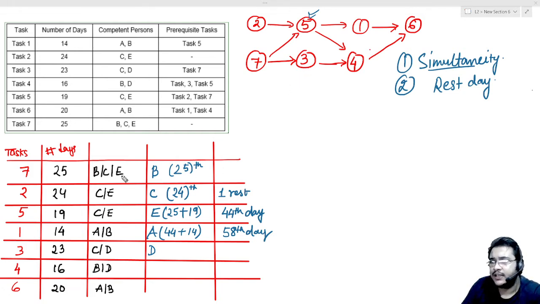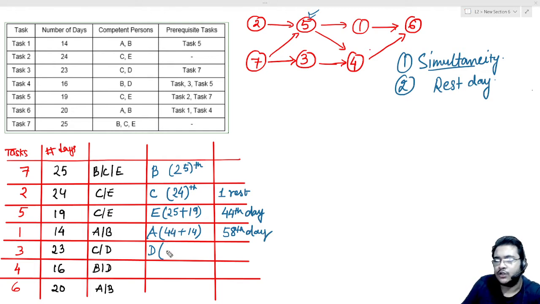The seventh day's finishing is on the 25th. Can I just add 25 to it? Yes, I can add 25. So D can start his work the moment B completes the job, the 7th task.